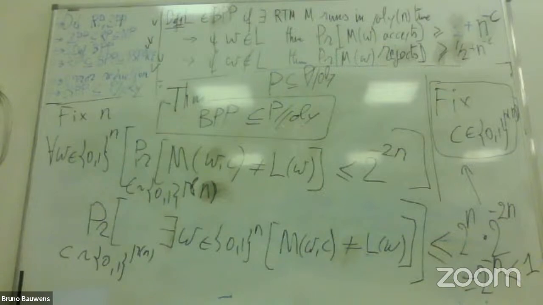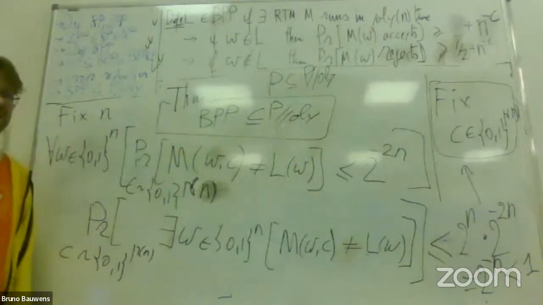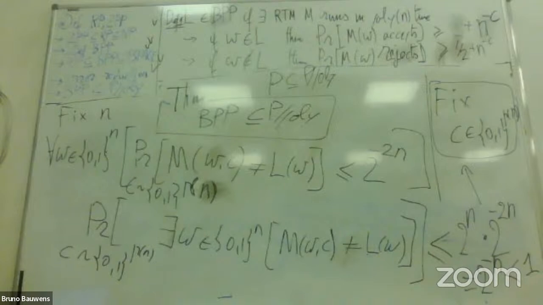I think P/poly should be outside NEXP. I should start to connect that BPP can be the same as NEXP and try to connect it with this.